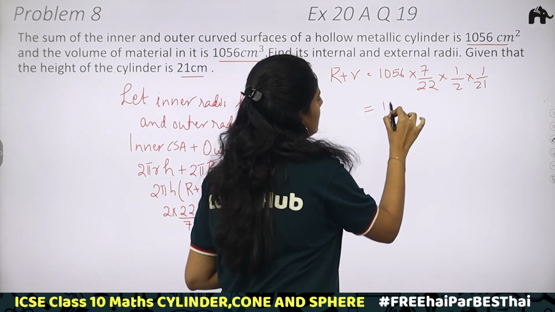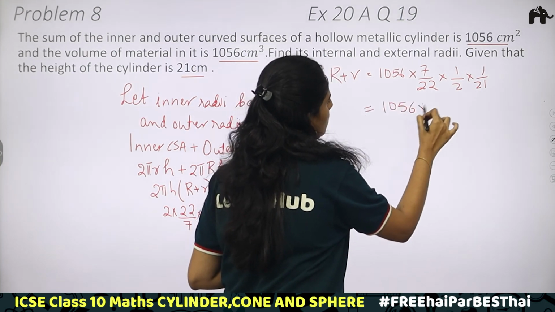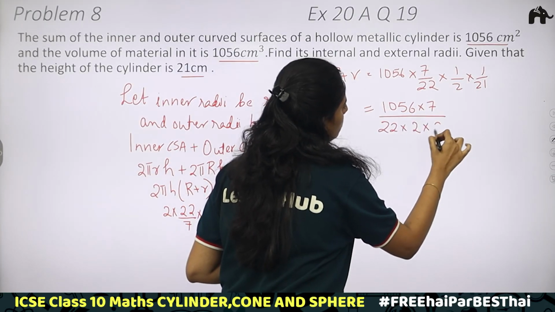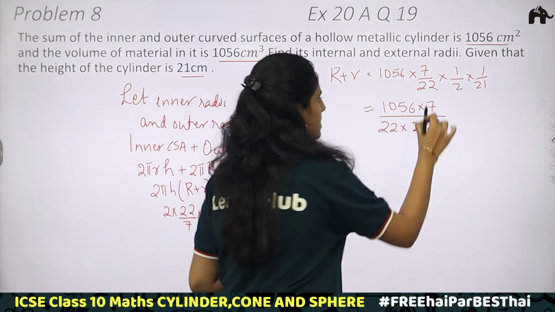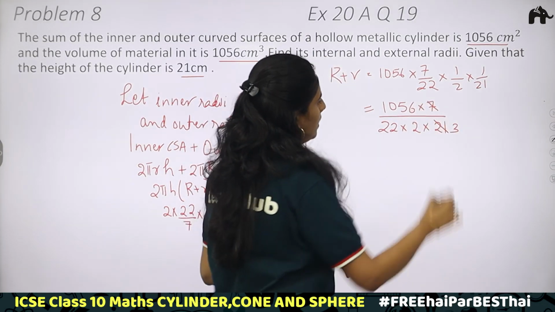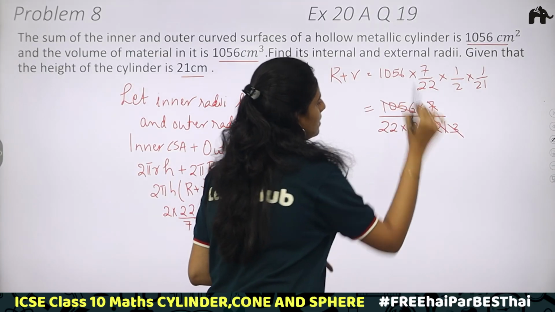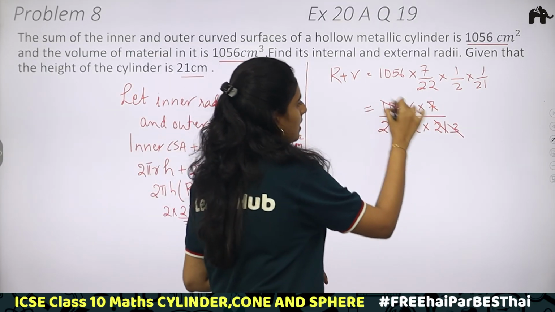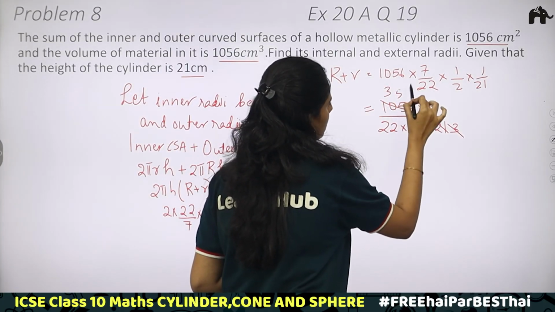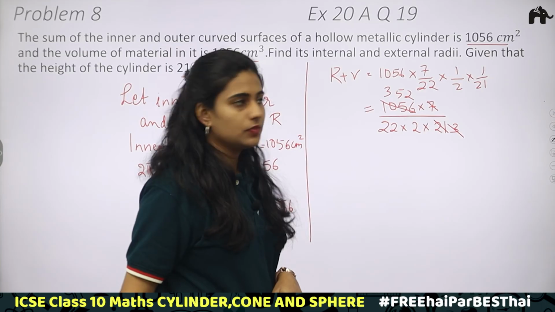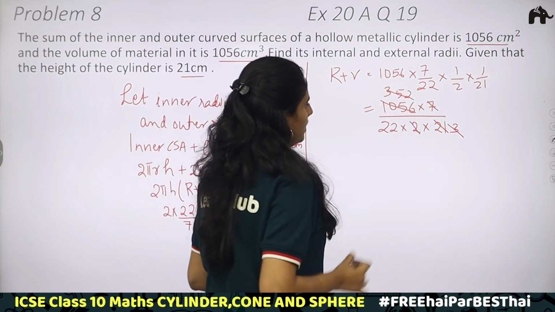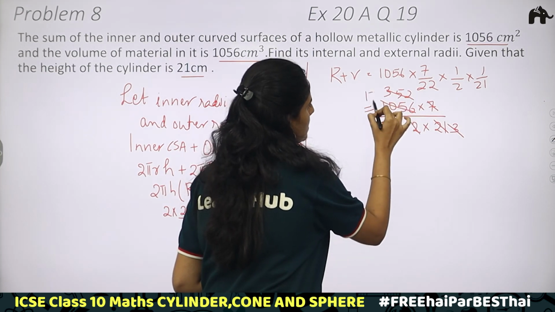Okay. That is 1056 into 7 divided by 22 into 2 into 21. 7 and 21 when cancelled we get 3 here. Then 3 and 1056 can be cancelled. Here we will be getting 352. Okay. 2 and 352 can be cancelled. It will be equal to 176.